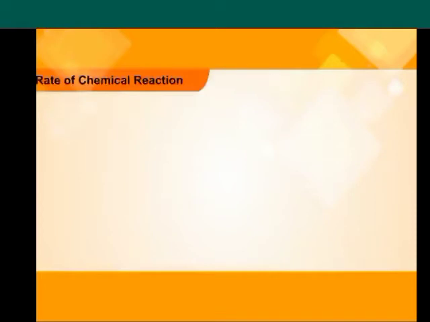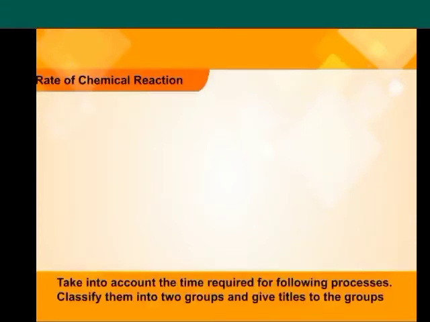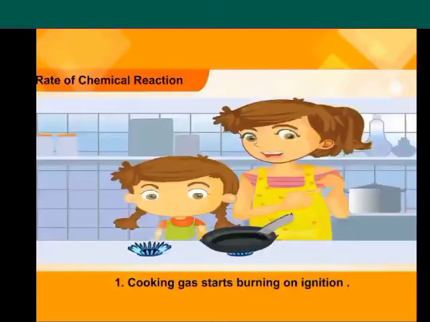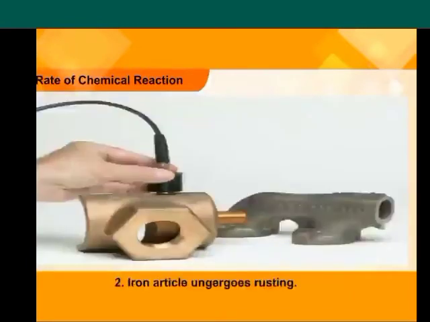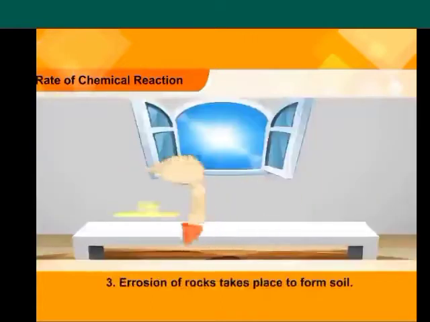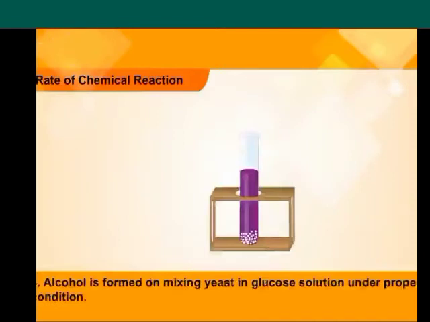Rate of chemical reaction. Take into account the time required for the following processes. Classify them into two groups and give titles to the groups. Point number 1. Cooking gas starts burning on ignition. Point number 2. Iron article undergoes rusting. Point number 3. Erosion of rocks takes place to form soil. Point number 4.